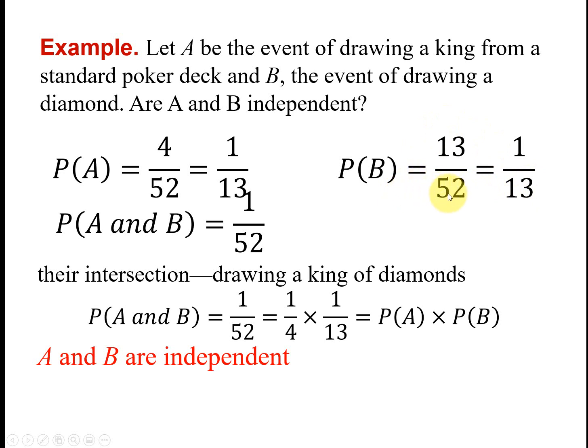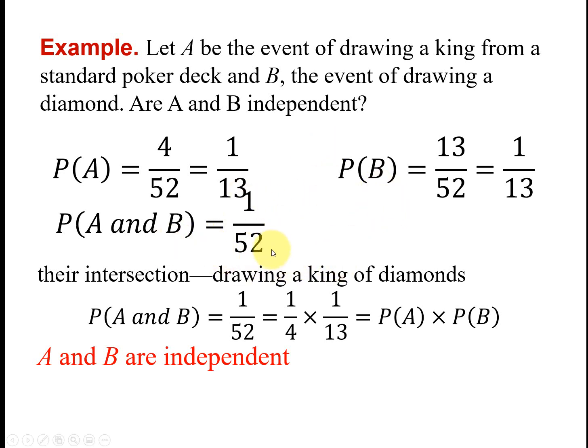This is wrong, that should be 1/4. So you can see it's right down here. The probability of A and B equals 1/52nd, and that makes sense.